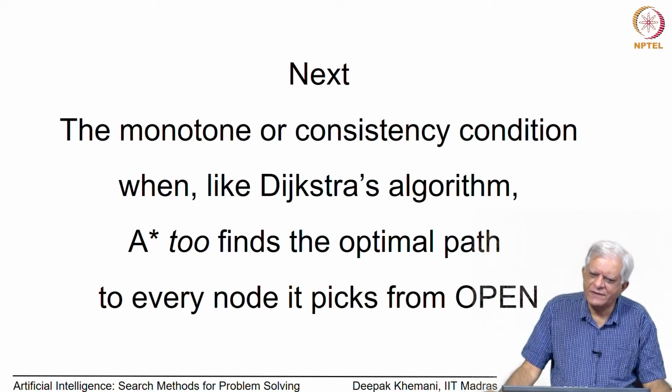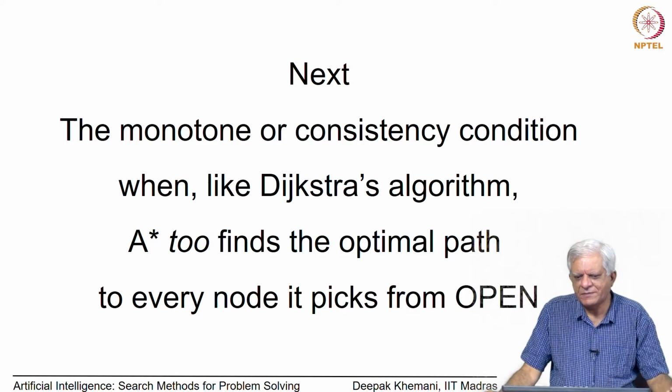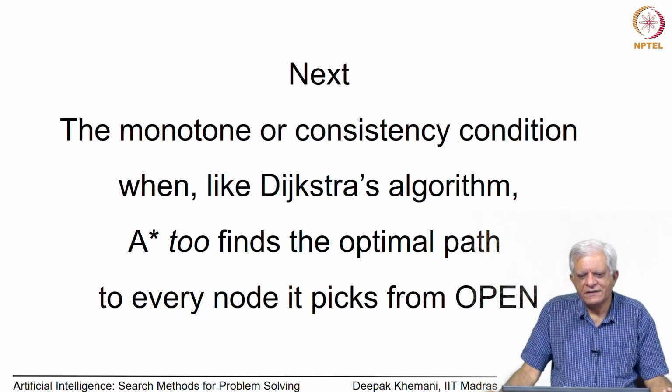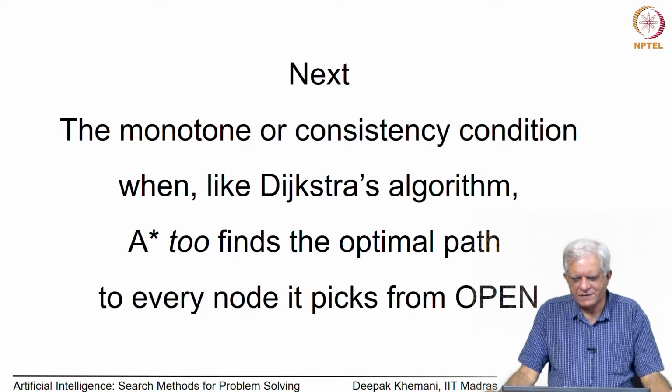We saw already that we can use W A star, but W A star multiplies the heuristic estimate by a certain factor, thereby it makes it less than the optimal distance, and thereby the algorithm, as we saw with an example, can find paths which are longer than the optimal path.